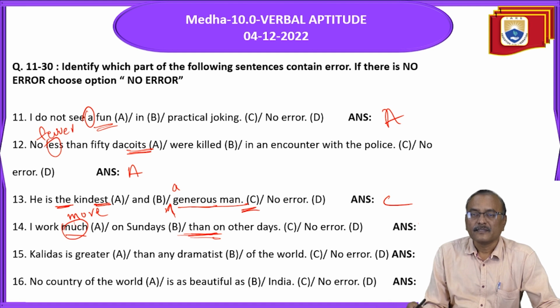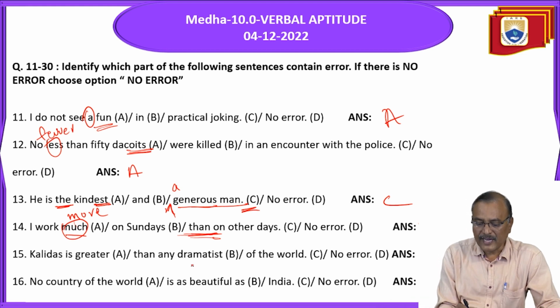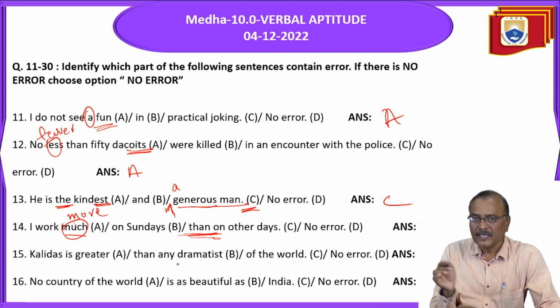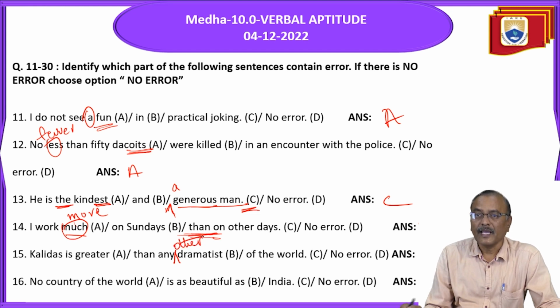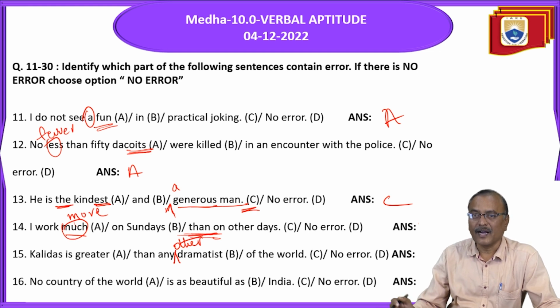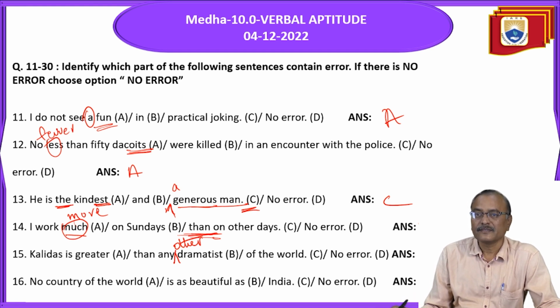Next. Kalidas is greater than any dramatist of the world. So don't say any dramatist. Any dramatist means in that one Kalidas also comes. Right? It should be any other dramatist. Any other, all other, some other.